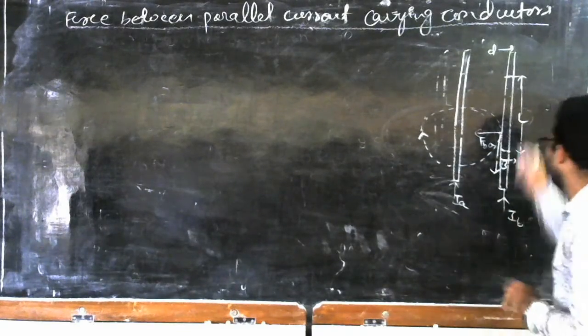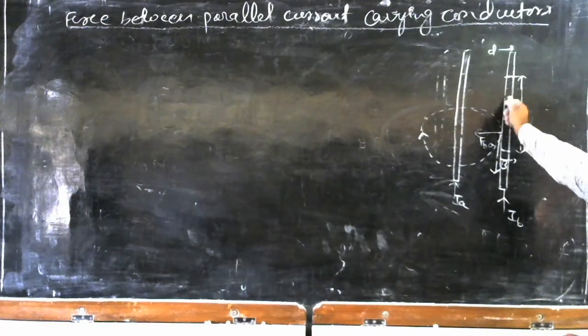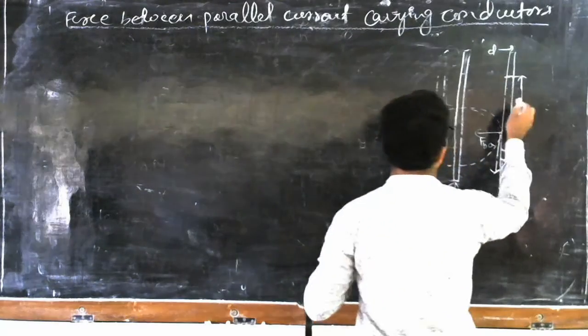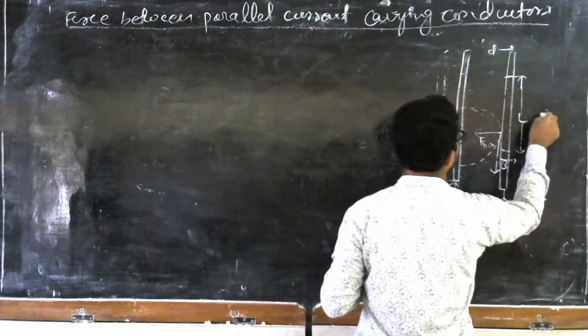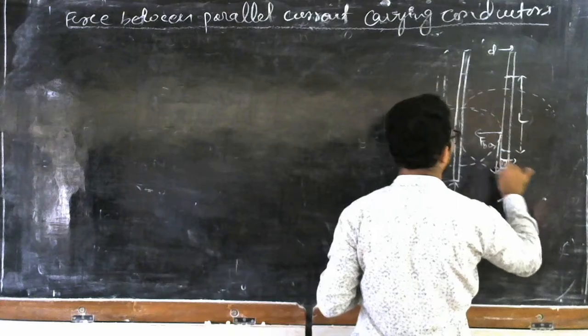Again you have to apply the right-hand rule, so that the magnetic field lines will be like this. Magnetic field lines are like this.